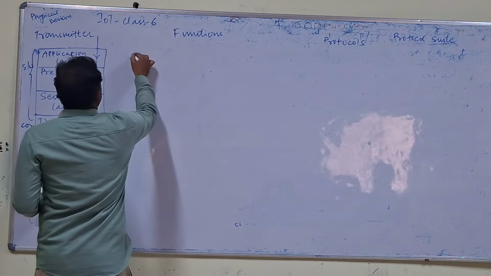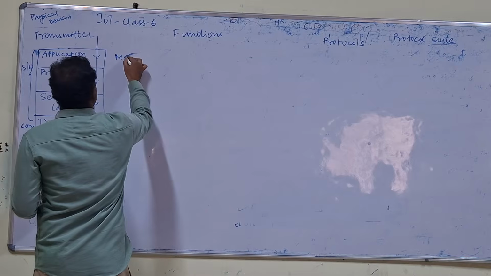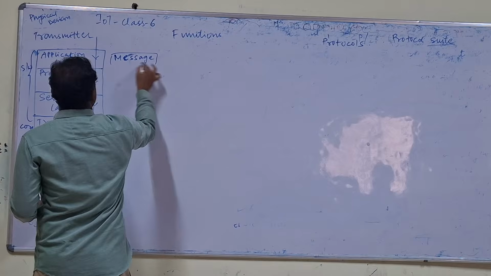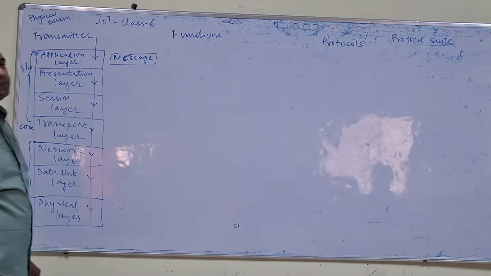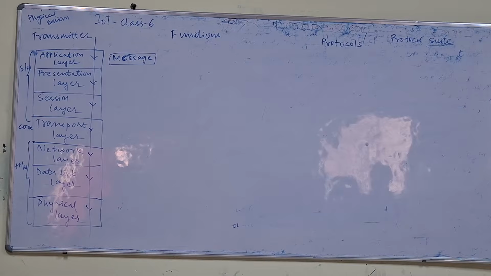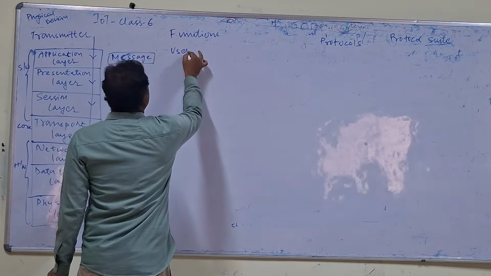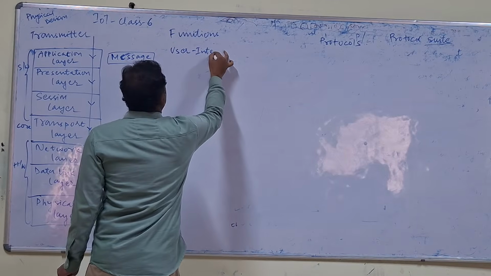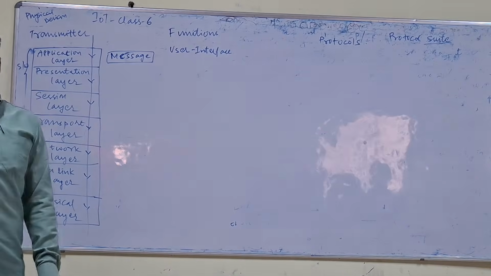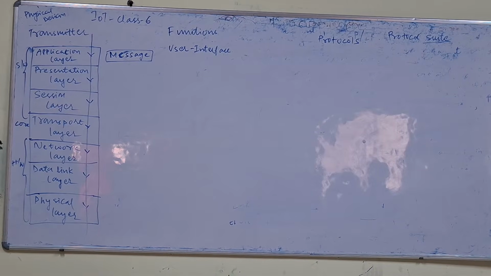Here, the message that you write, any message you write, what is its function? Providing a user interface. The moment you open the laptop and try to connect to the network, you open the browser. That is the user interface.